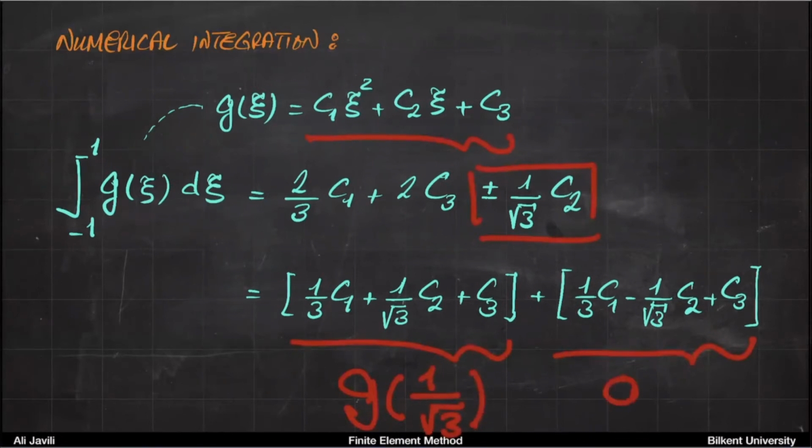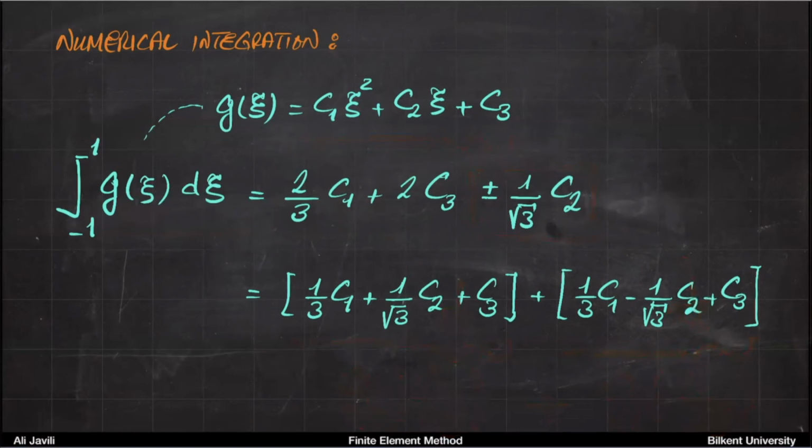This other term is G at minus 1 over square root of 3. So it turns out that if you just add the value of G at 2 points, 2 magic points, okay? These points are very good points. They are not just any point. Then you have the answer.